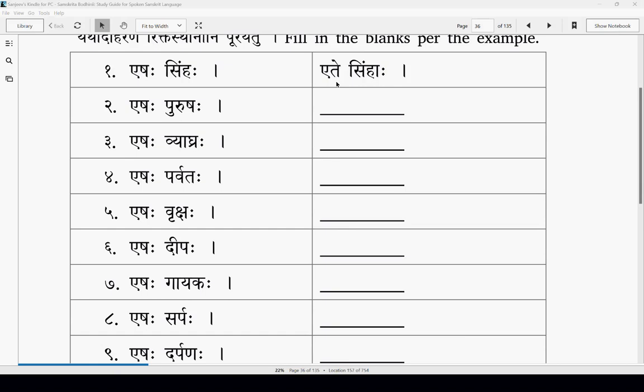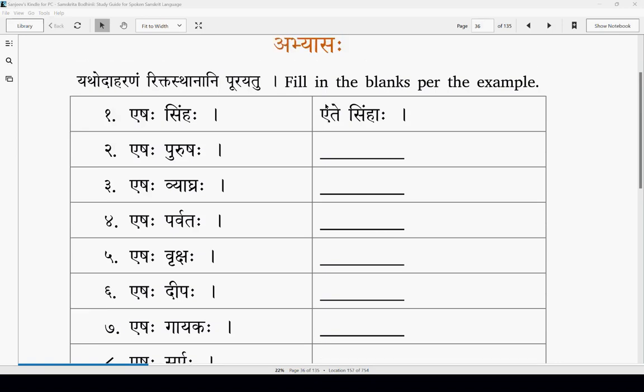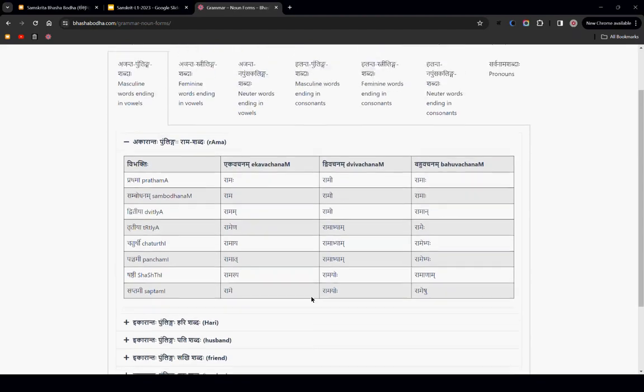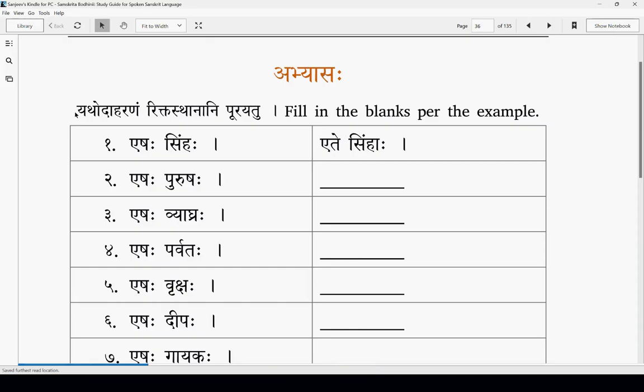Ete going to remain same for the nouns or other words? Esha is a separate word. Simha is a separate word. Esha means this. Ete means these.